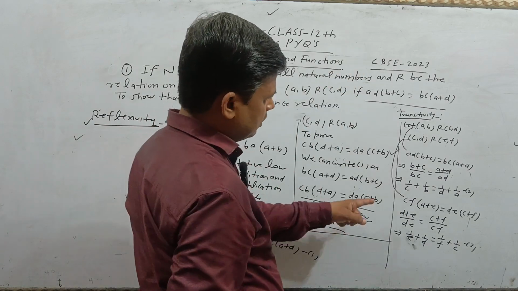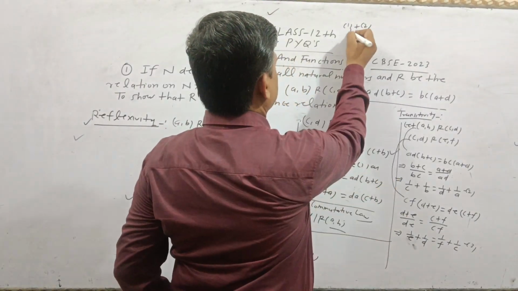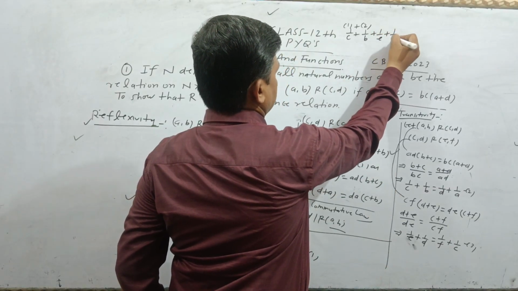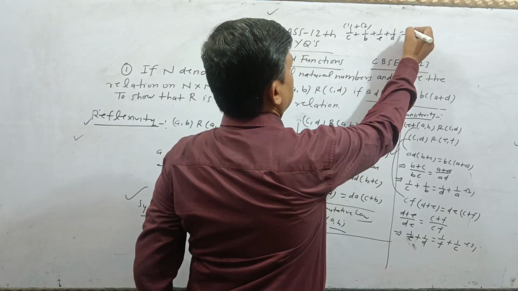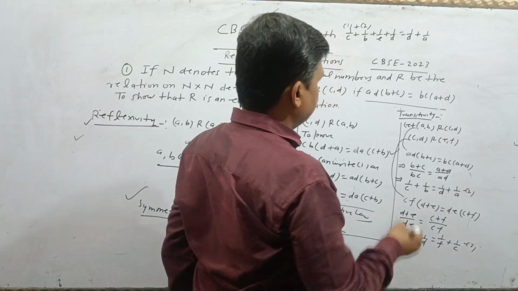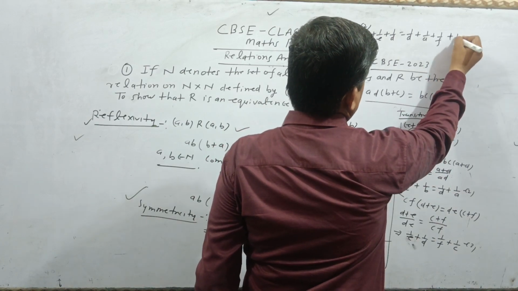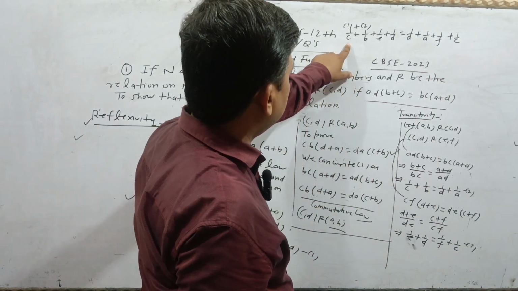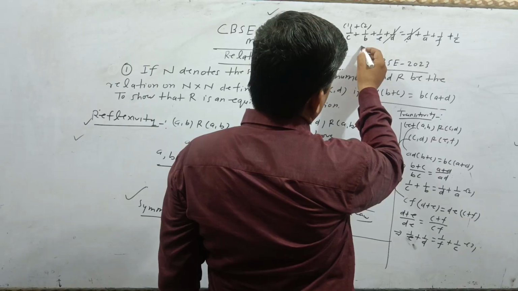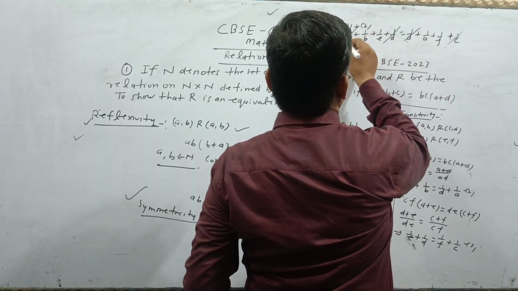So when we add, the left hand side is 1 upon C plus 1 upon B plus 1 upon E plus 1 upon D, and the right hand side is 1 upon D plus 1 upon A plus 1 upon F plus 1 upon C. So what cancels out? 1 upon D and 1 upon C cancel from both sides.